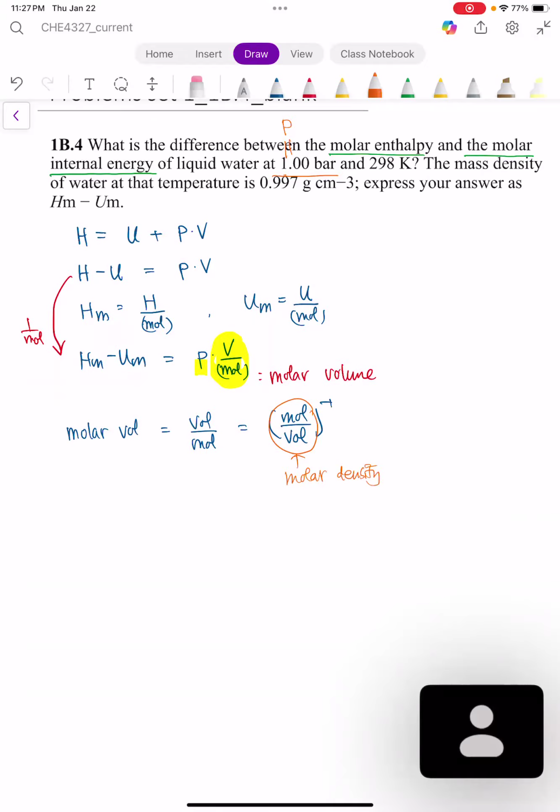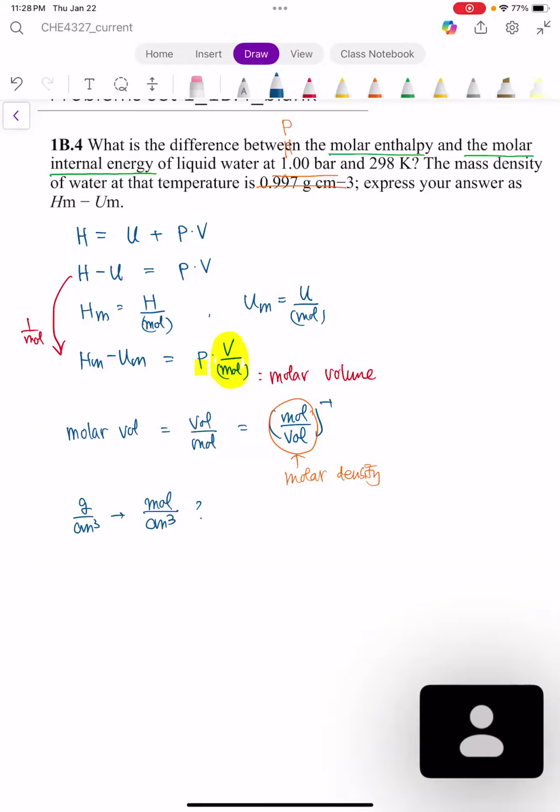Here, we don't have molar density, but we got a mass density, 0.997 gram per cubic centimeter. And so then you just need to think about, okay, how do I convert a mass density in gram per cubic centimeter to something that is molar density, like mole per cubic centimeter, for example.